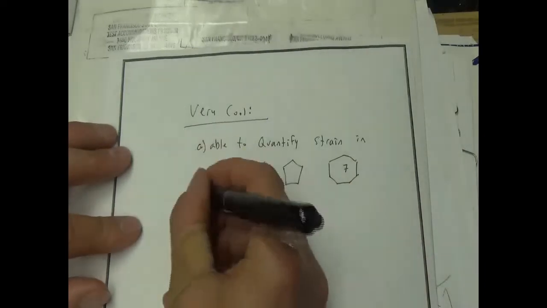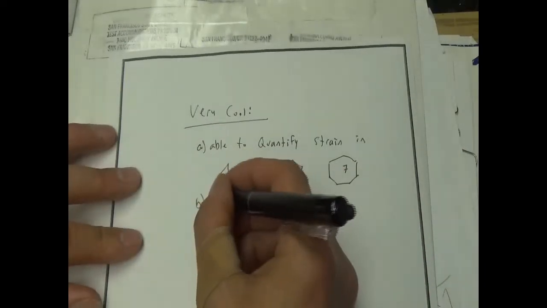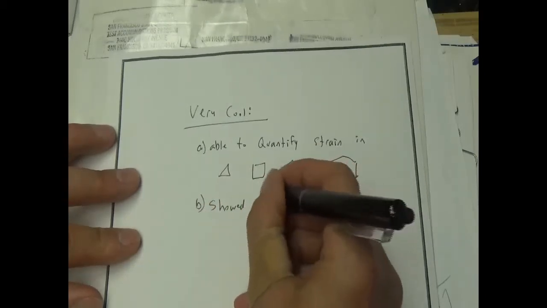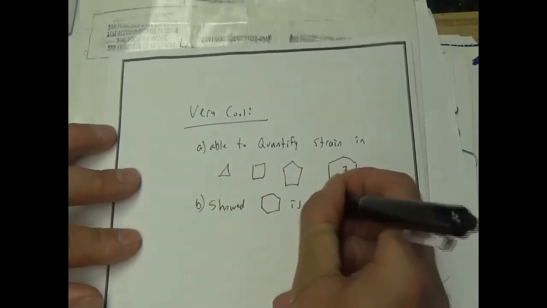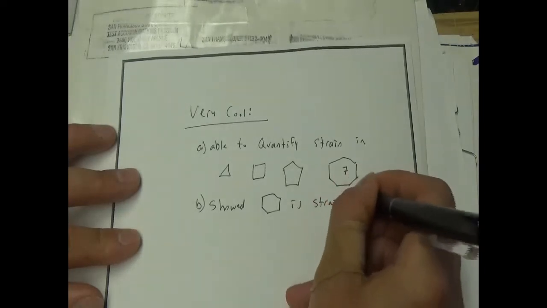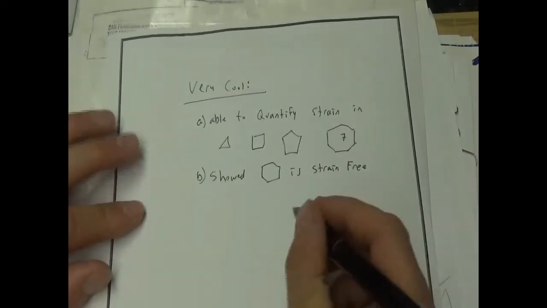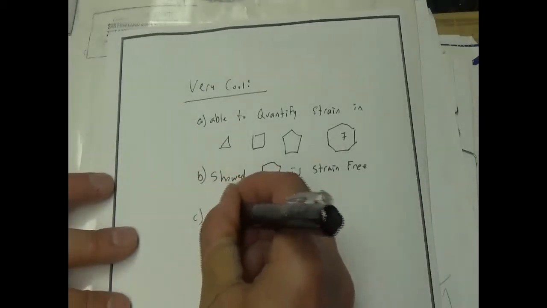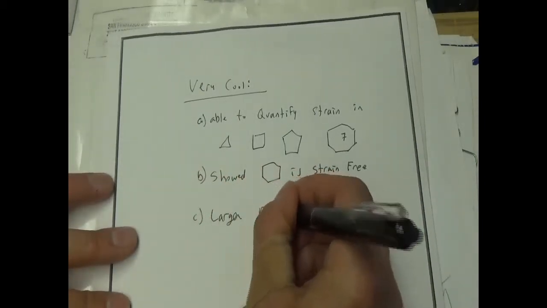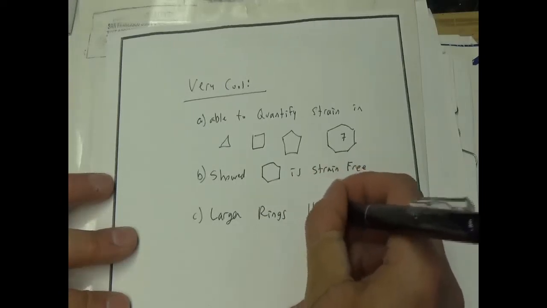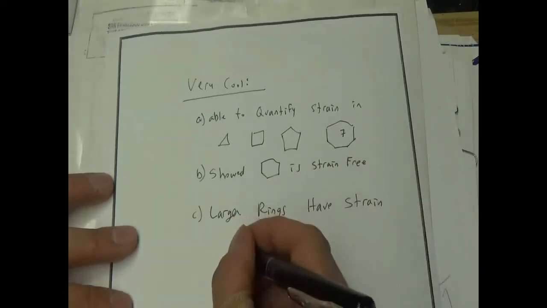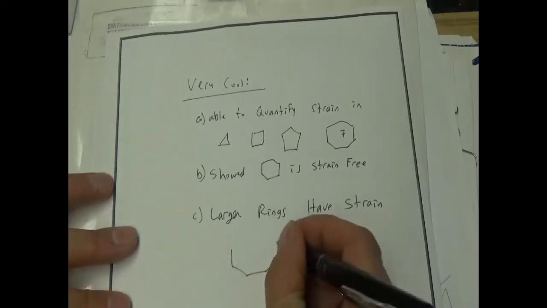But we also showed that cyclohexane is strain-free. That was kind of the conclusion. Cyclohexane is strain-free, and the larger rings have strain also, like 7, and we'll also show 8 as an example.